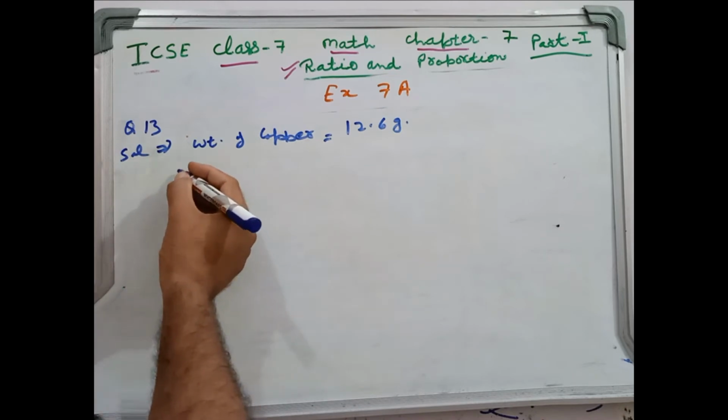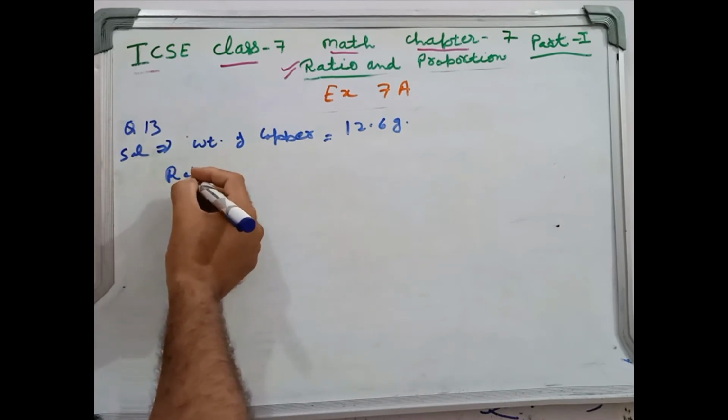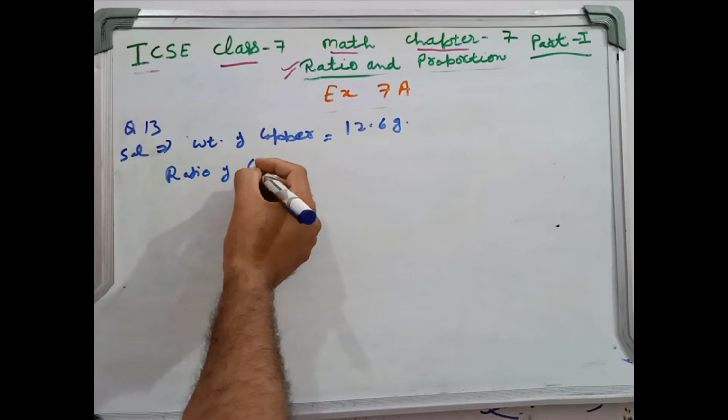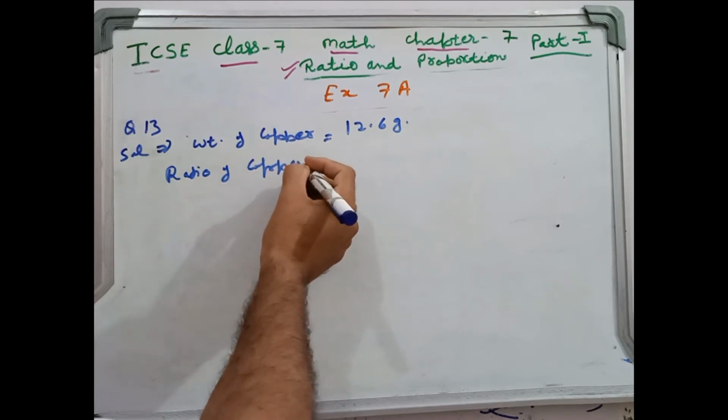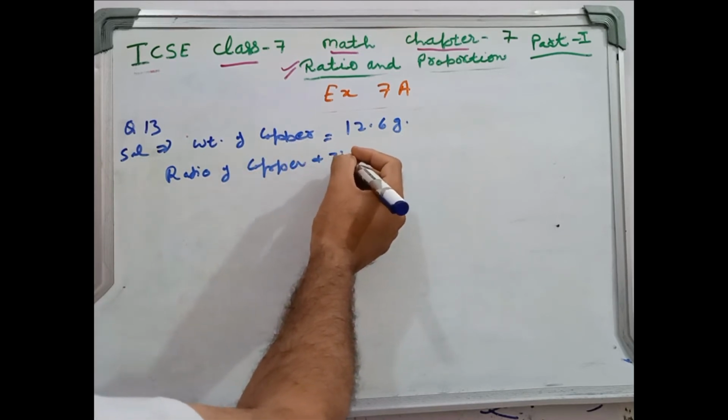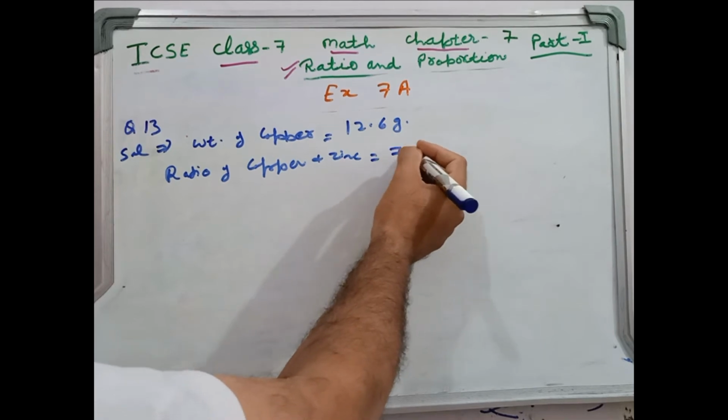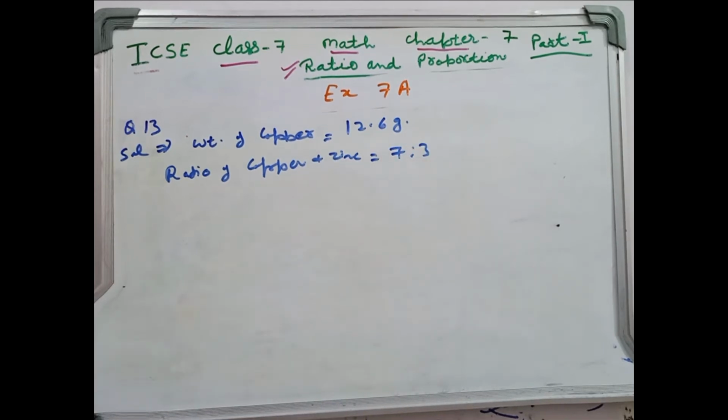Now ratio of copper and zinc is equal to 7:3. Right? It contains 12.6 gram of copper.